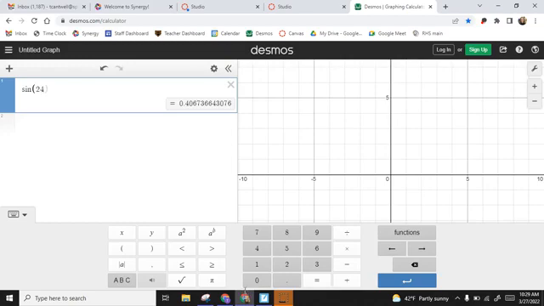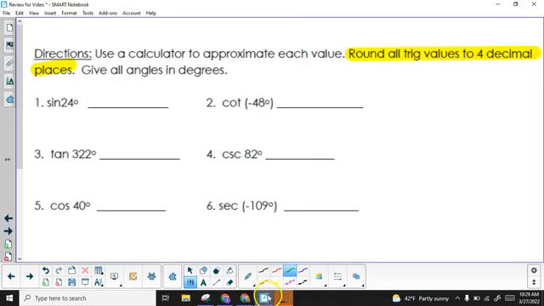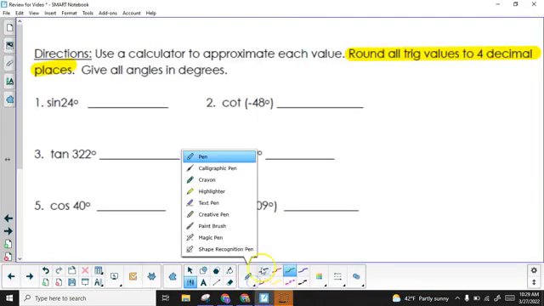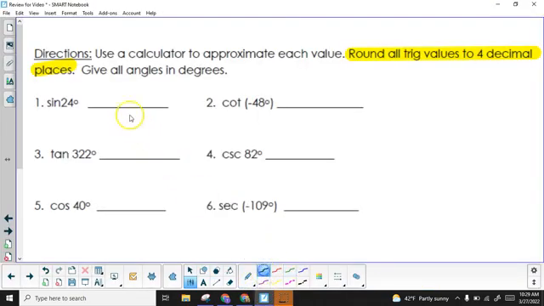So we need to see, is it 0.4067 or would it round up to 0.4068? This 3 says stay where it is, so that first one is 0.4067. You can write the 0 out front. You don't have to write the 0 out front.